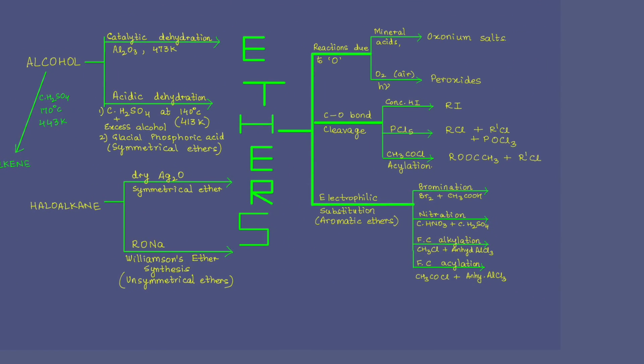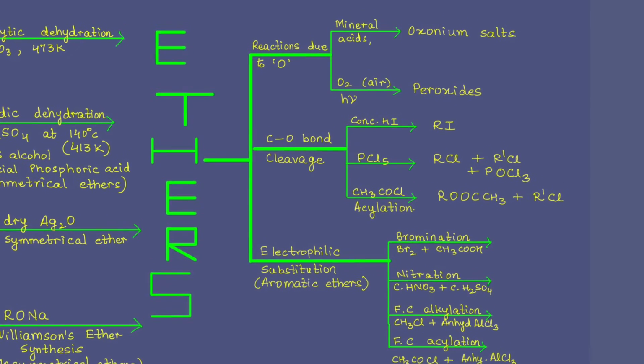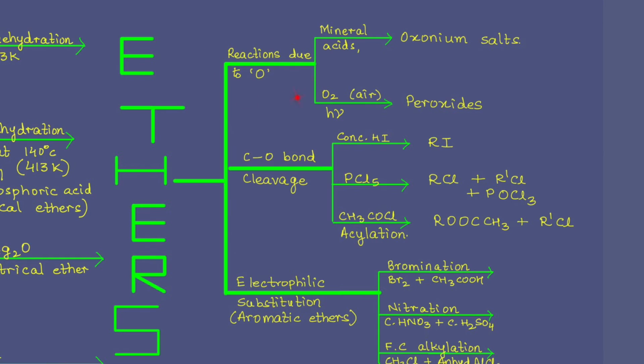On the right hand side of this flow chart are the properties that you see. In these properties, we've split the properties into 3 categories, as you can see. Reactions due to oxygen, more specifically the lone pair of electrons on this oxygen, what we call the ethereal oxygen. The dots are looking so nice, right? Colorful flow chart. Why do you think I'm doing it with colors?